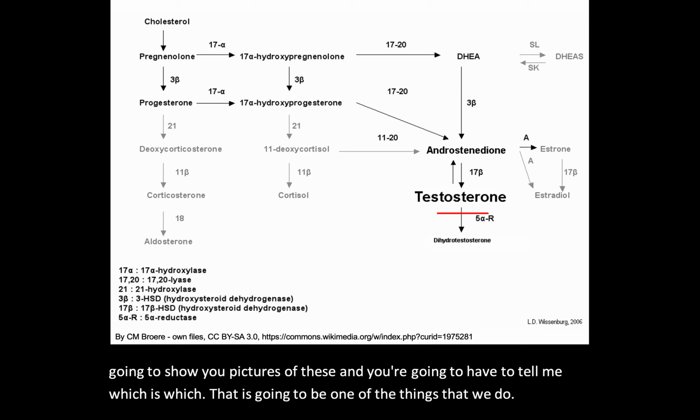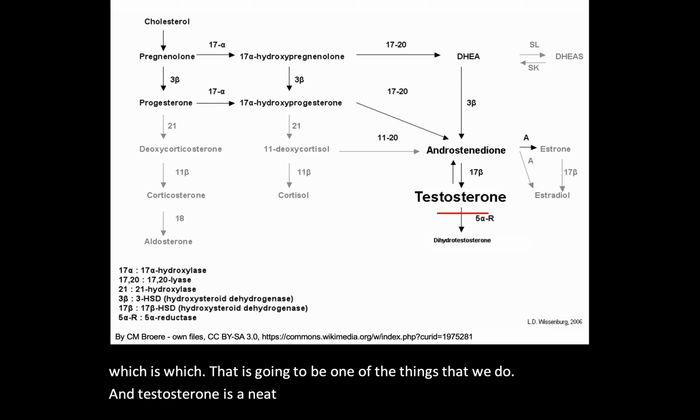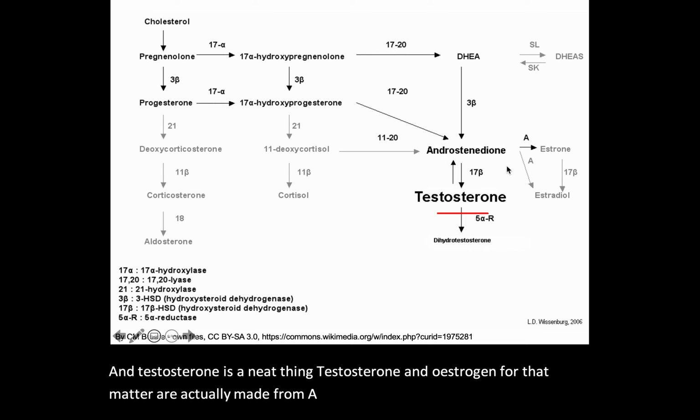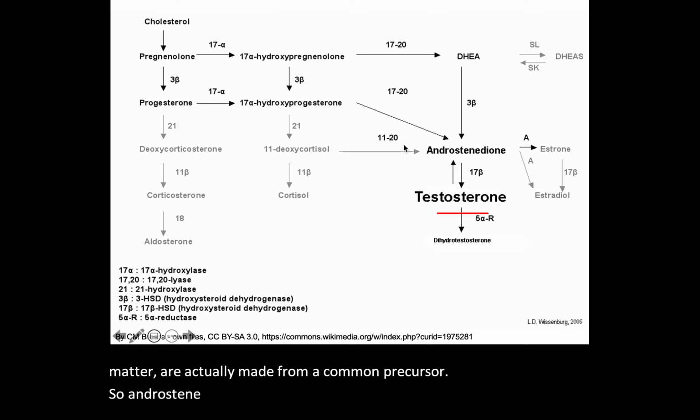And testosterone is a neat thing. Testosterone and estrogens, for that matter, are actually made from a common precursor. So androstenedione is a steroid, and actually all these steroids start out from cholesterol.